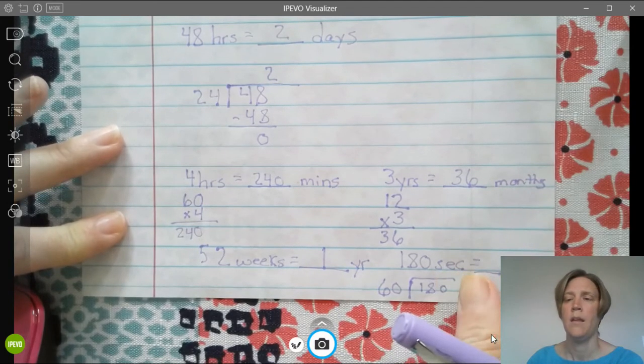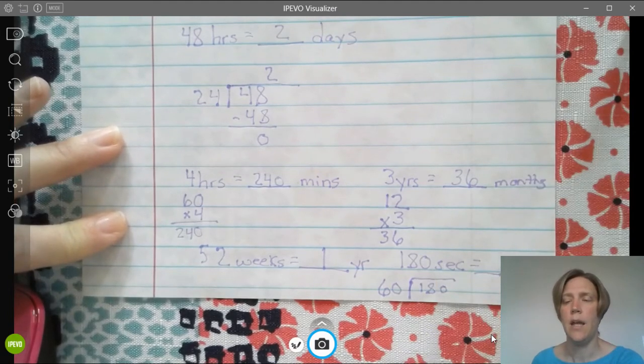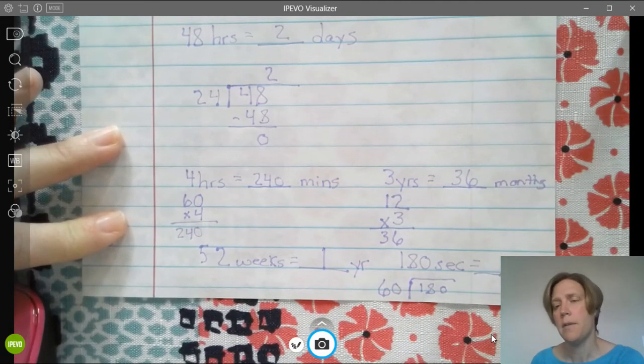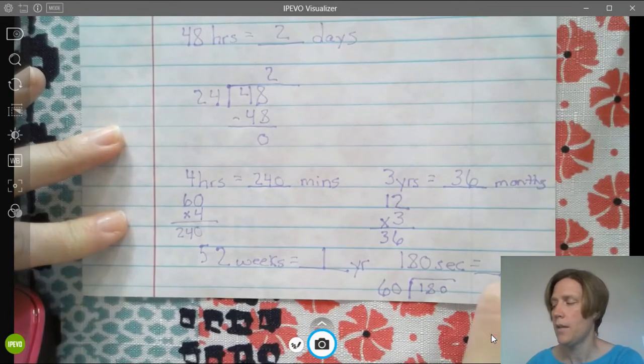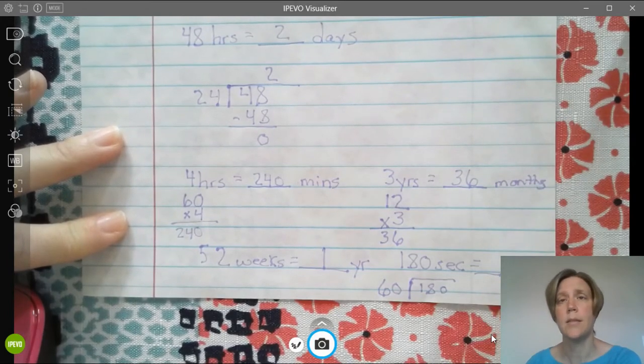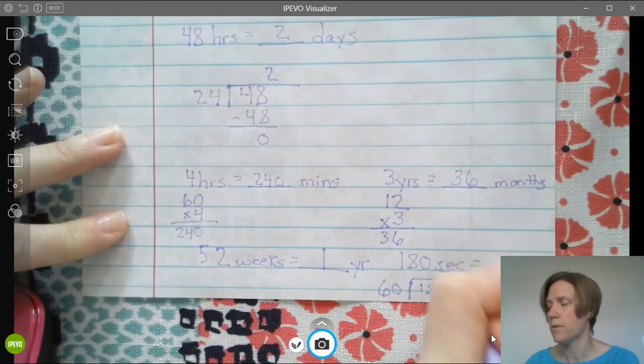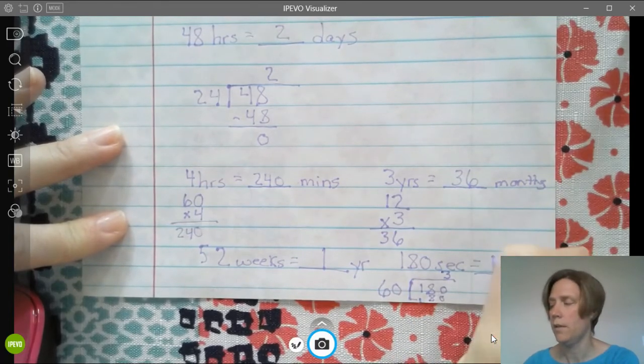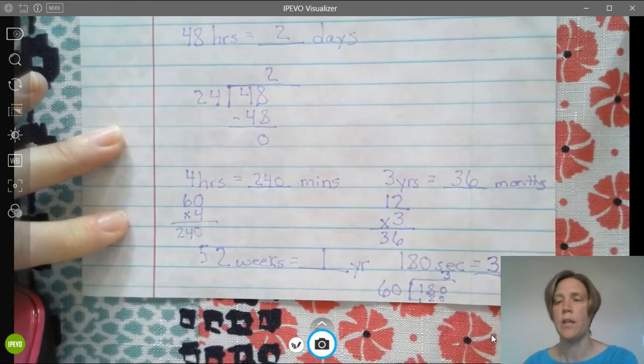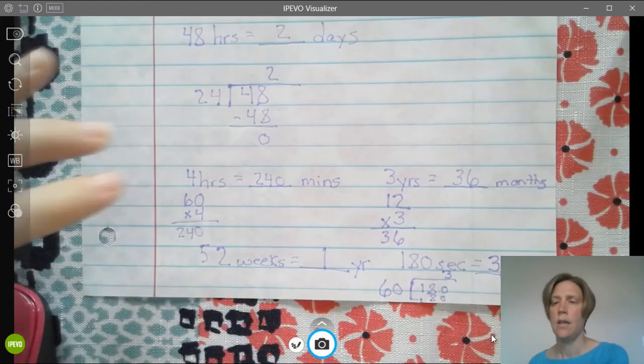So it leaves us back at 180. I could write down my facts if I did not know them. I know that 60 times 1 is 60, and 60 times 2 is 120, and then 60 times 3 would be 180. And in this problem, 3 would be our answer. So 180 seconds equals 3 minutes.